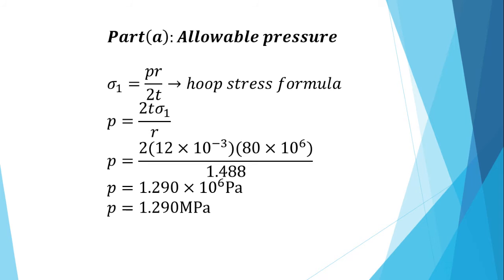And we substitute all the given data, which is p equals 2 times 12 times 10 to the power of negative 3 times 80 times 10 to the power of 6 over 1.488. And the result is 1.290 times 10 to the power of 6 pascals or 1.290 megapascals.